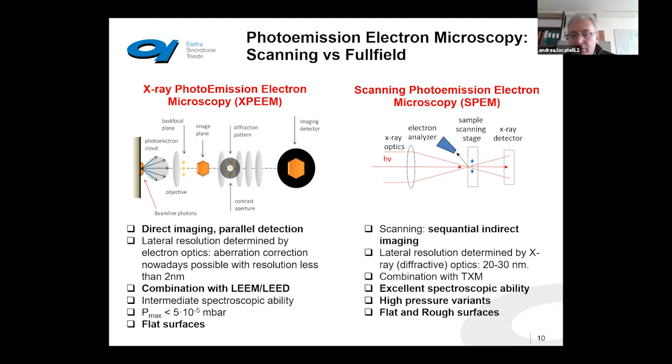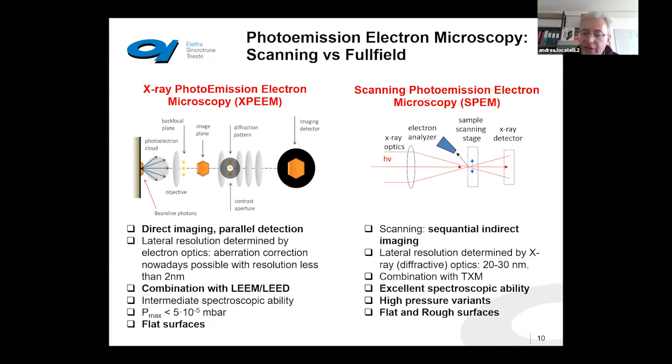Of course, you can use an electron analyzer and collect the photoelectrons emitted from the surface at grazing incidence, or if you have very thin samples, you can work in transmission. Due to the fact that you can use a conventional electron energy analyzer, this technique gives you an excellent spectroscopic ability.